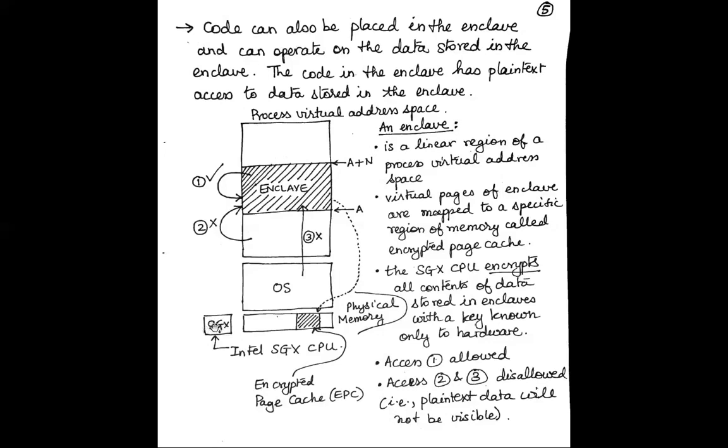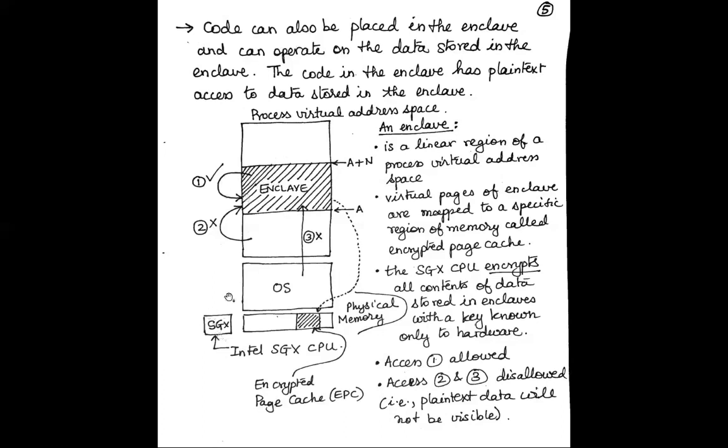So the SGX CPU encrypts the contents of the data that is stored in the enclave with a key that's only known to the hardware. And it provides a property, as I will show you in the next couple of slides, that if you have code sitting inside the enclave, only the code that's sitting inside the enclave can access the data in the clear.